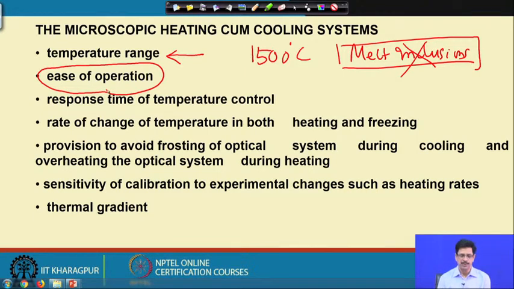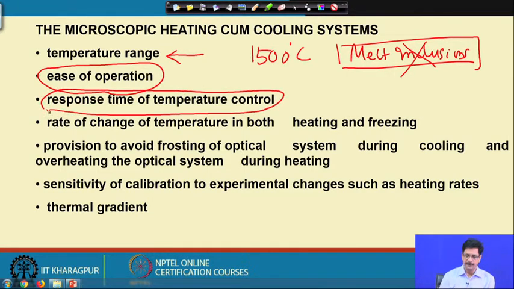us, like we should be able to easily put the sample inside the device, and we will be able to increase or decrease the temperature at our wish, the way it will be convenient for us to do the experiment, and the response time of the temperature control. So, all these, whenever it comes to heating, definitely there is electric current that is needed to heat a particular object.